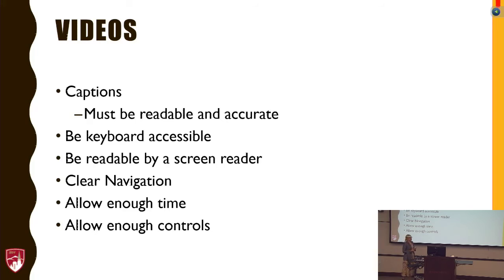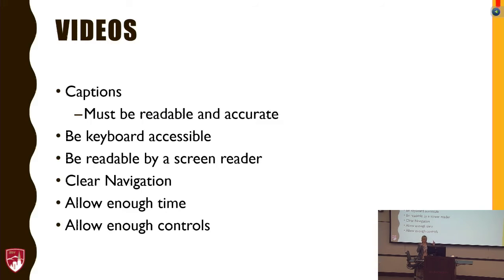The video player has to be accessible. So the controls have to be accessible. They must be readable by a screen reader. They have to have clean navigation. And then they have to allow enough time. Your videos, when you post them on websites, should be turned off.